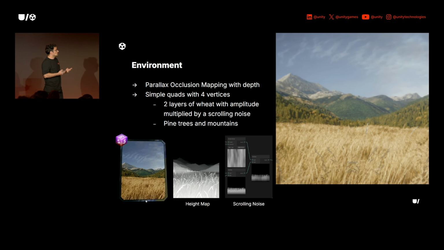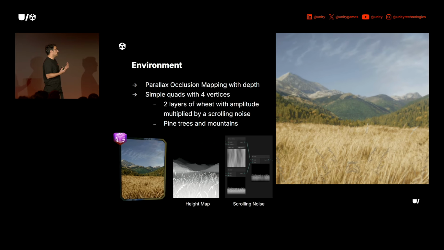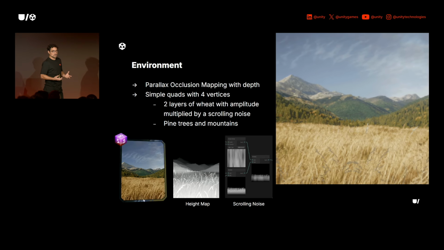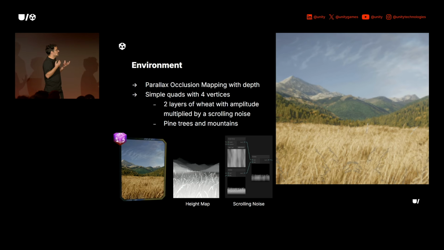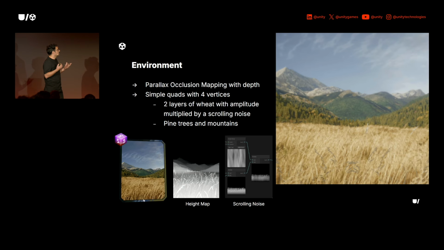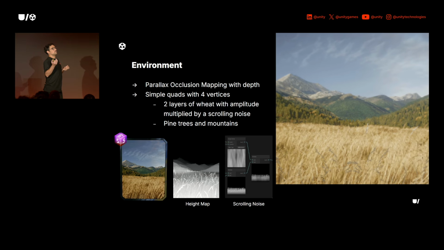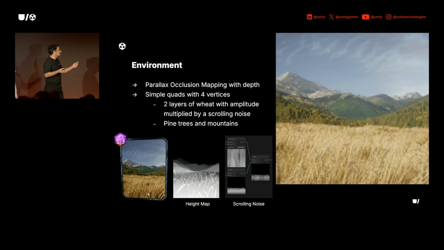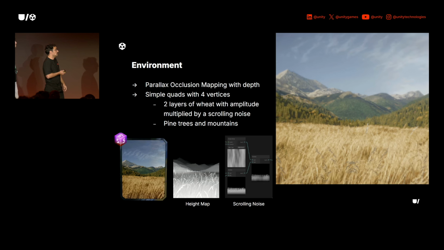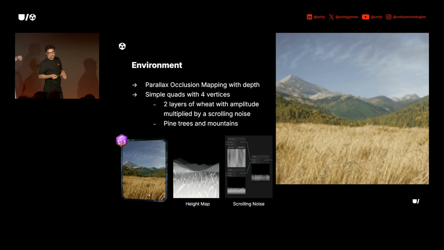There are 2 planes with a layer of width, one in front of the character and one below, to better integrate the character and to increase the depth effect of the card. By multiplying the amplitude by the scrolling noise that you see here, we fake that the depth is moving back and forth, and that creates this little wiggle effect in the plane of width. But it's still just a simple plane with 4 quads.